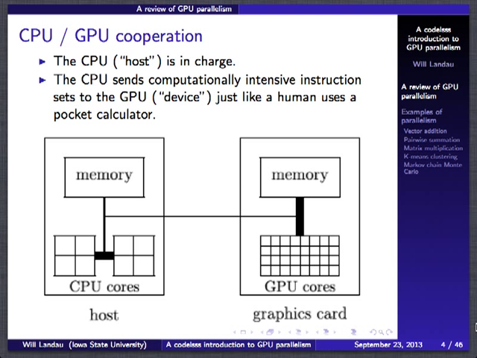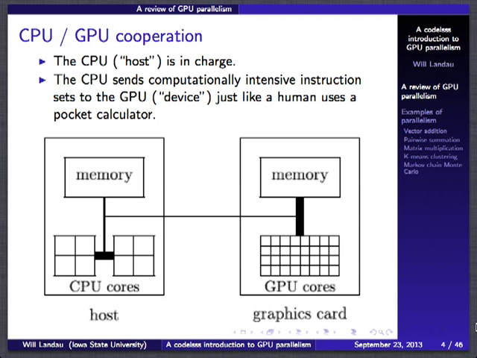A good algorithm will work on the CPU until there's a single instruction set being applied multiple times over the same data, and the CPU would send that calculation to the device, the GPU. GPU and device are interchangeable; device is lingo for GPU. A good algorithm will put that massive workflow onto the GPU where it can be executed in parallel.